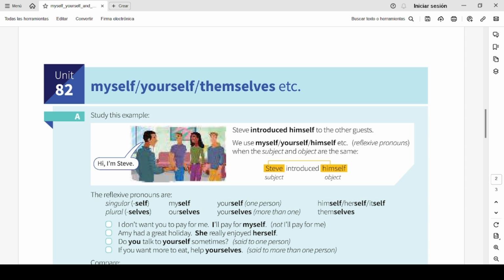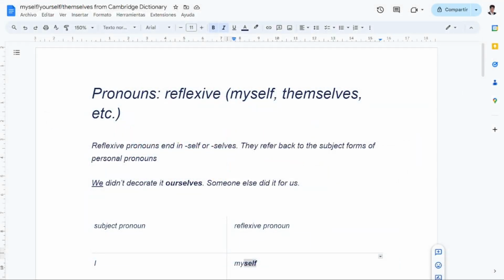So let's start. This is the document on reflexive pronouns. I'm going to attach the link in the comments so you can download it.